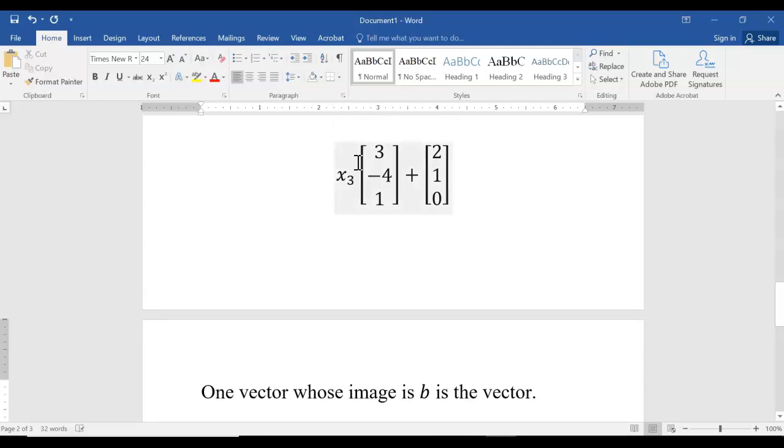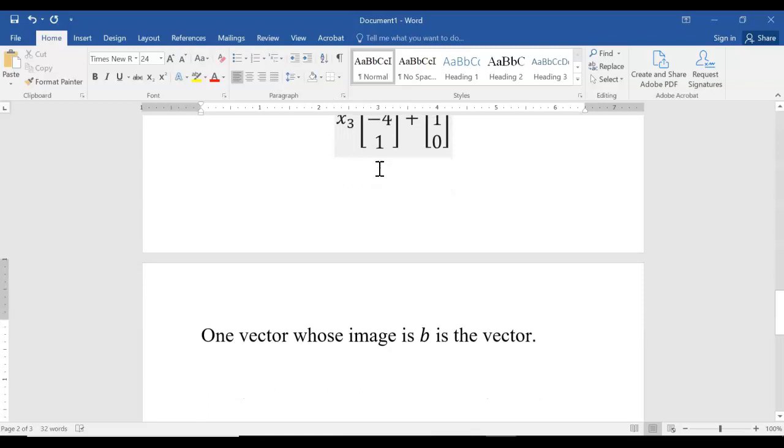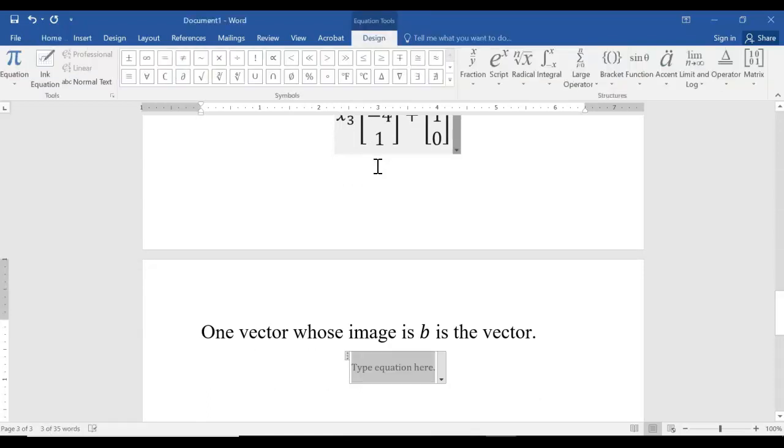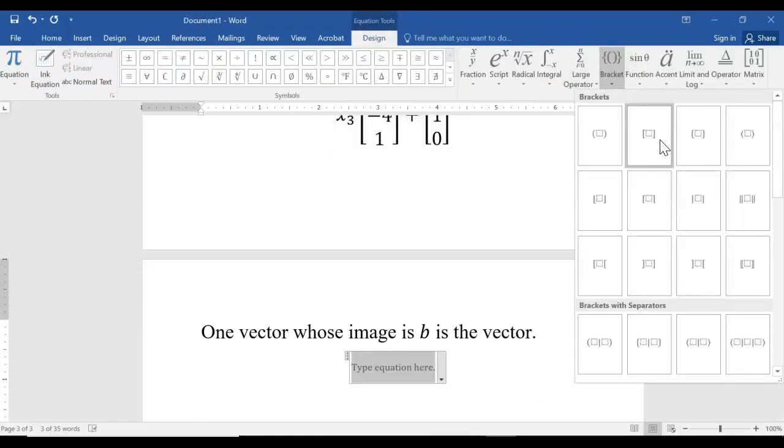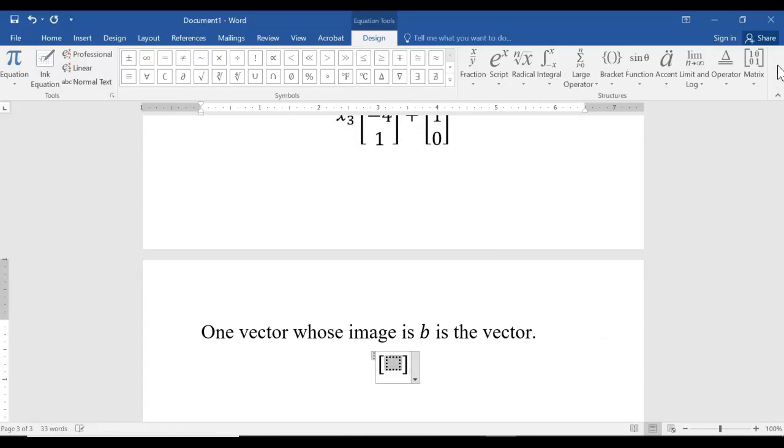An easy one would be 0. If you plugged in 0 for x3, you're going to get 2, 1, 0 as the vector you're looking at.